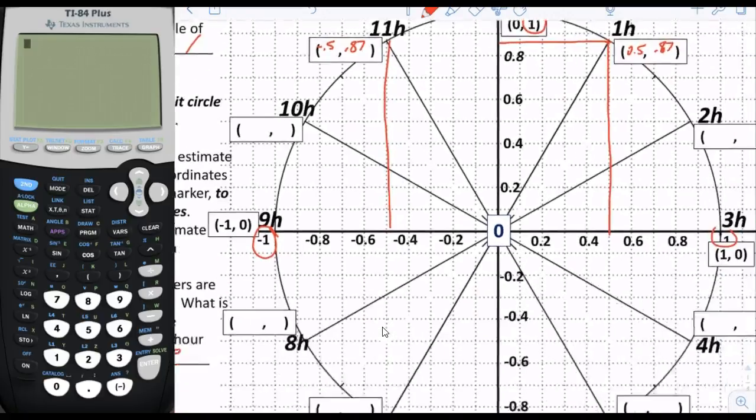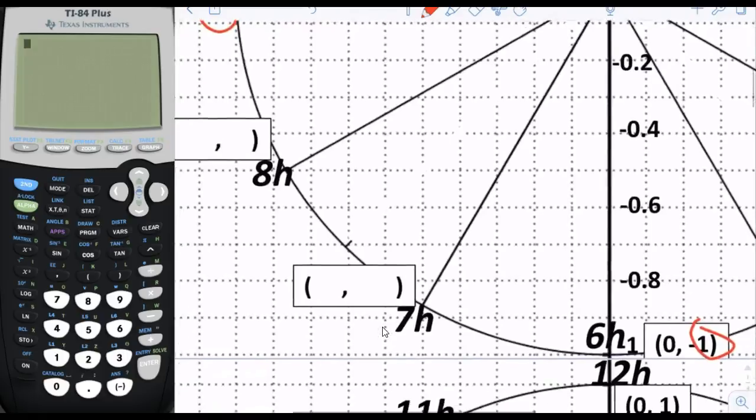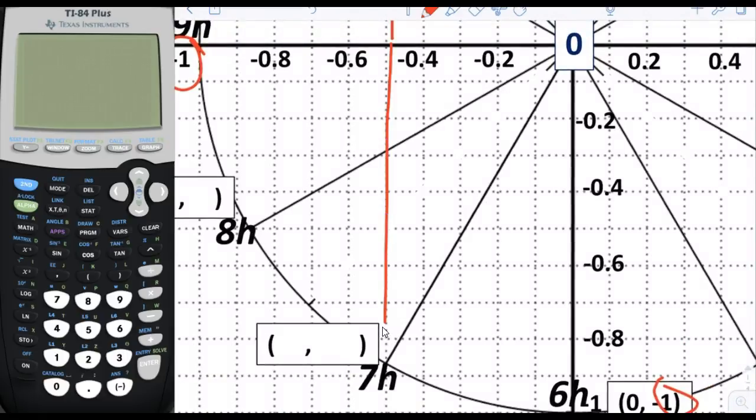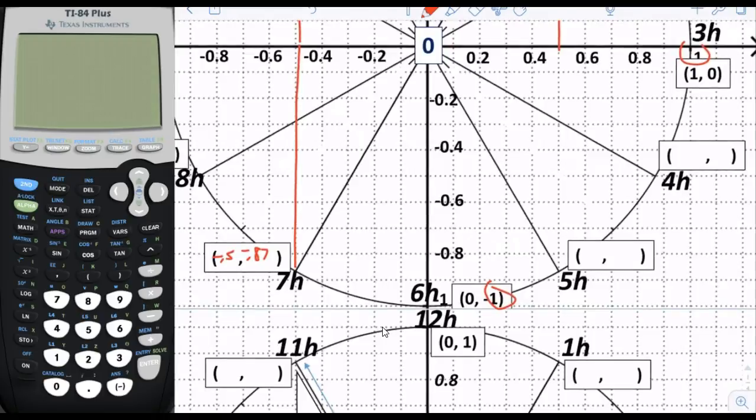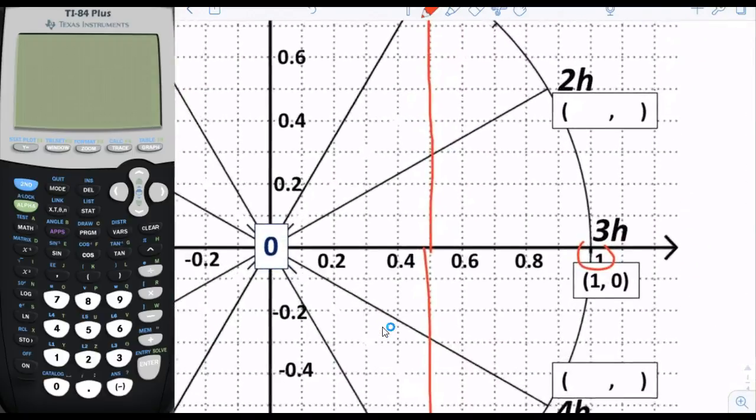And I can do the same thing for these ones on the bottom. This one here is negative 0.5 and negative 0.87. And this one here would be positive 0.5 in the x direction and negative 0.87 in the y direction.